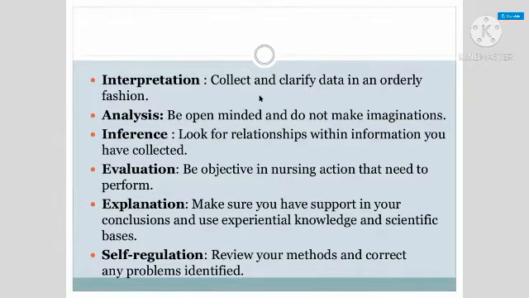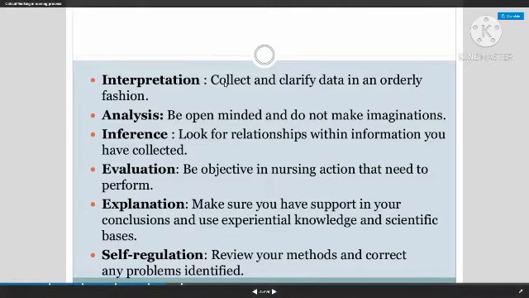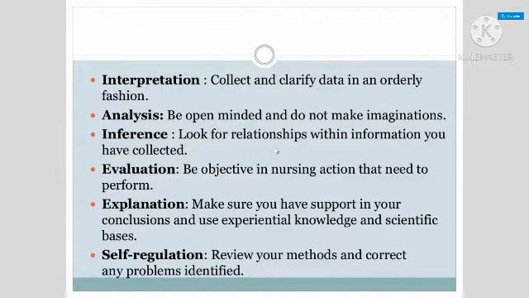Then regarding analysis, be open-minded and do not make any kind of imaginations. Then inference: look for the relationships within the information you have collected. Whatever information you got from the interpretation, you have to see the link between them. When there is a link, you will come to know that it is relevant.